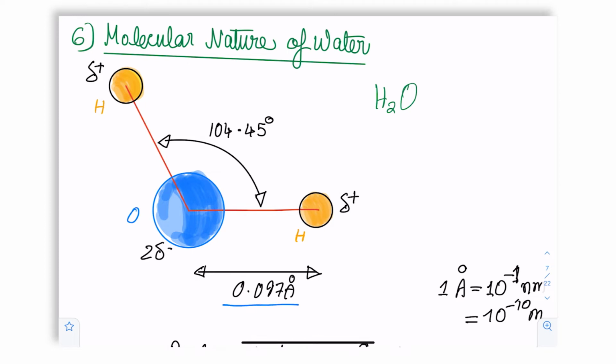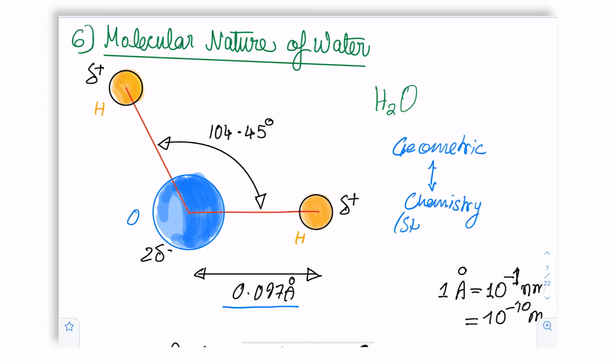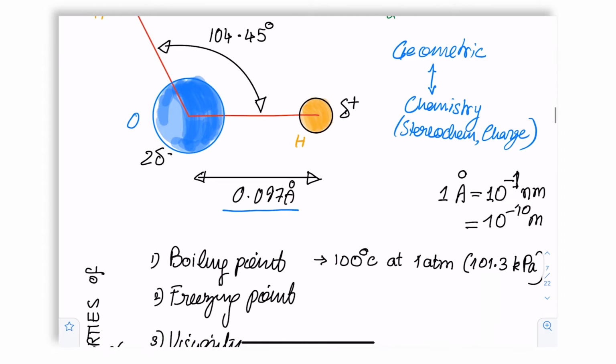And this allows us to now think of water as a sort of geometric object. This is in contrast to what you traditionally read in the context of water in terms of the chemistry, I may even add stereochemistry, and charge. And we'll see that this approach has some advantages.